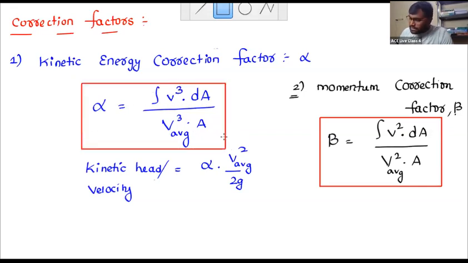And in a previous year, there was one instance where they asked which one of the following represents the momentum correction factor. That's the reason why I am providing you both formulas, what is alpha and what is beta. And coming to this alpha and beta, note this point.